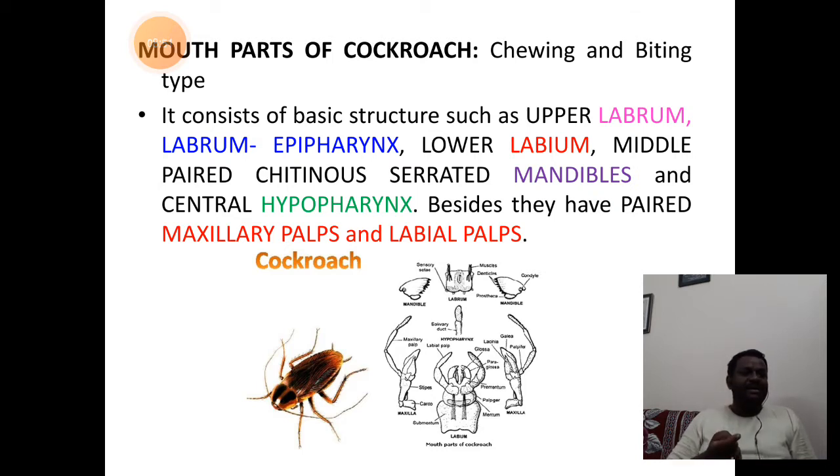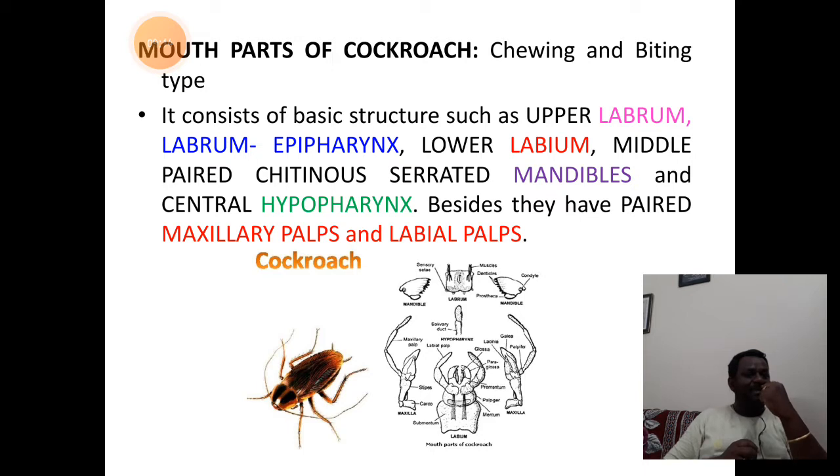Number 1, the upper labrum. We also call it the upper lip. Then we have the second part called labrum epipharynx. That is, the upper lip is continuing backside with the upper part of the pharynx.